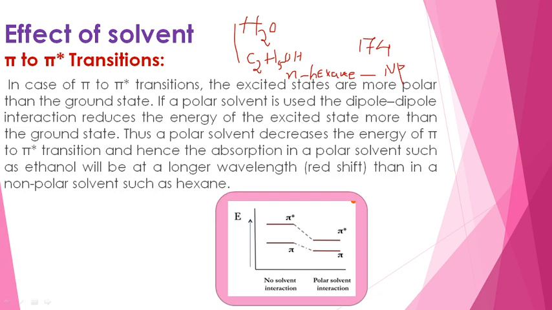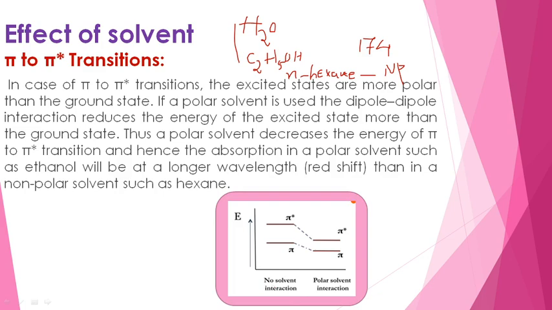For that, here I am considering just an alkene system, that is an unsaturated system that contains non-polar double bonds. As a double bond is present, we must consider pi to pi star transitions. See here, the spectrum is taken without the solvent interaction.